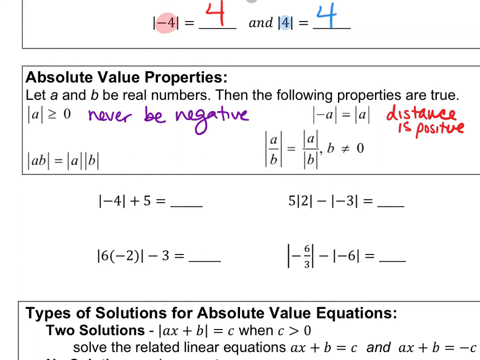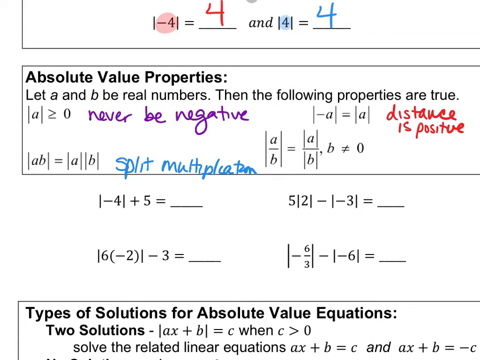The next one says that if you're multiplying two numbers but taking the absolute value of them, you can split the multiplication into 2 absolute value bars. So if you're taking the absolute value of 6 times -2, you could do absolute value of 6 times absolute value of -2, and then multiply them.